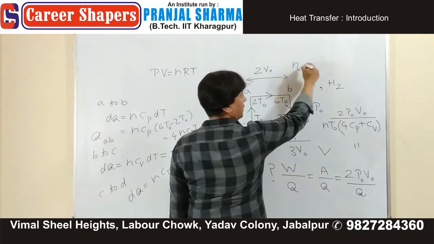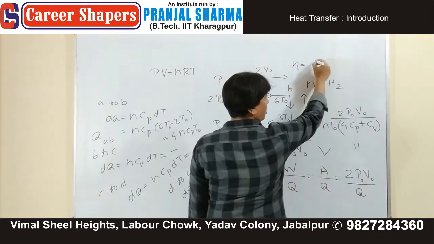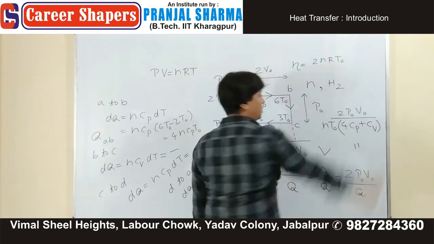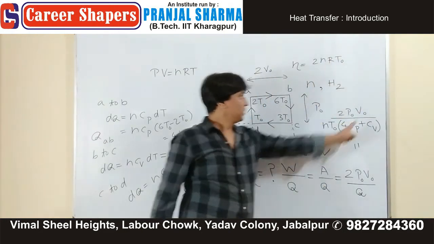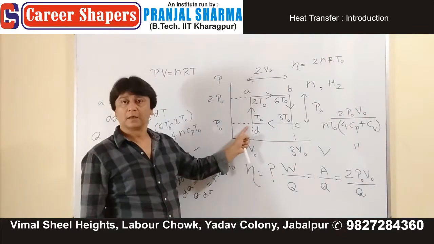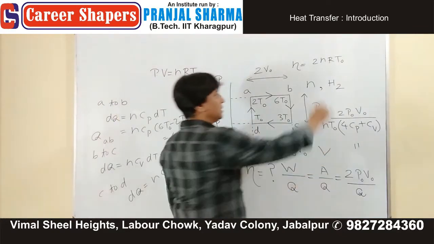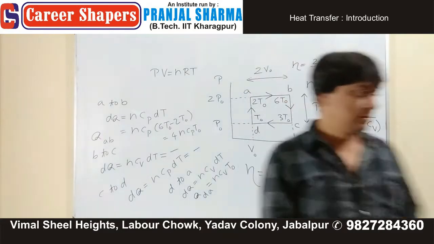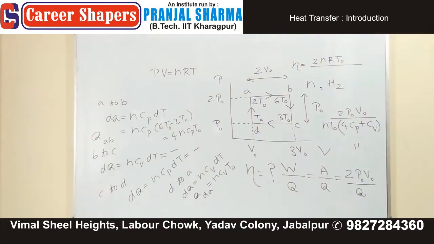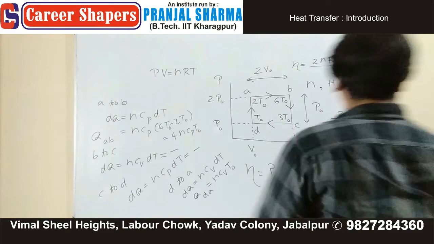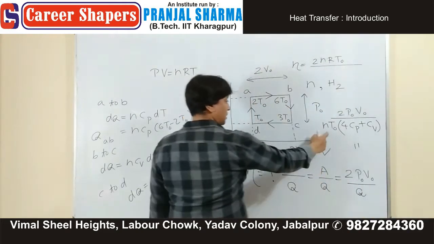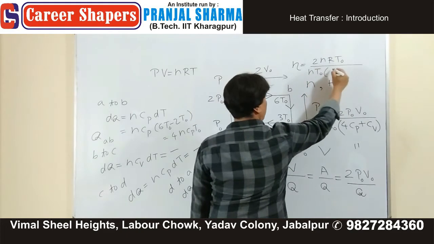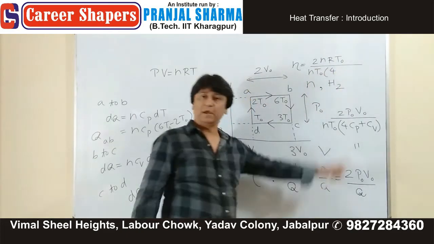Efficiency: 2 P naught V naught is simply 2 nR T naught, divided by n T naught times 4 Cp plus Cv.